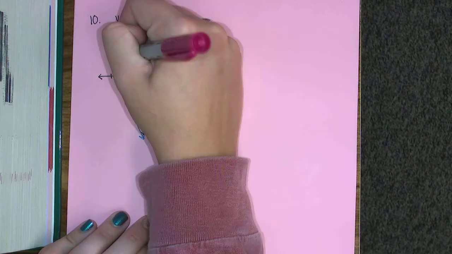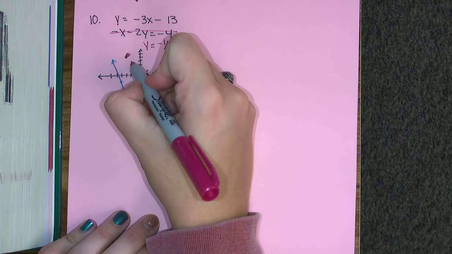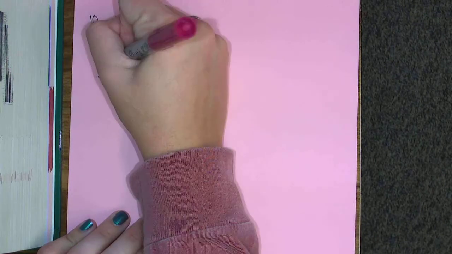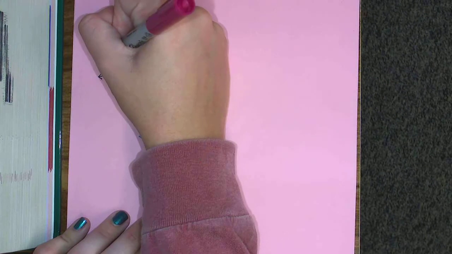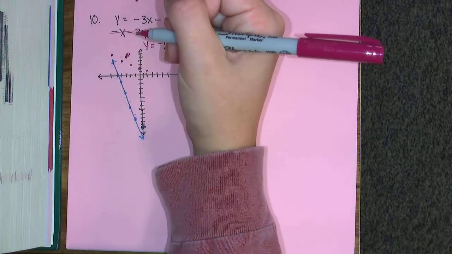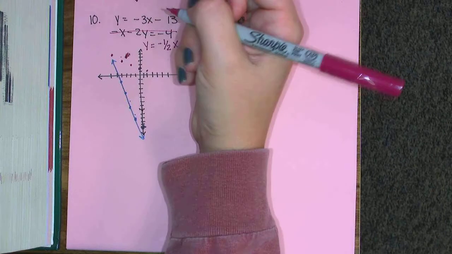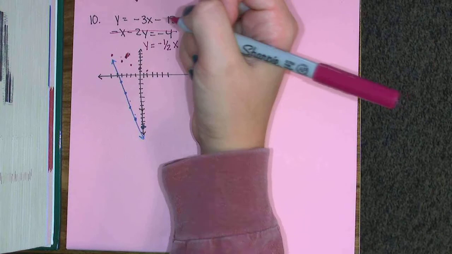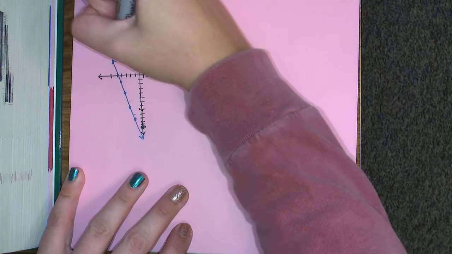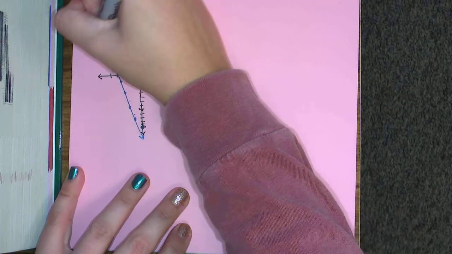Just kidding, that point's in the wrong spot. Up 1, back 2. Yeah, this is a lot easier with graph paper. That was a really bad line.